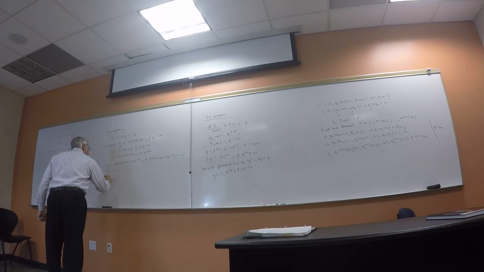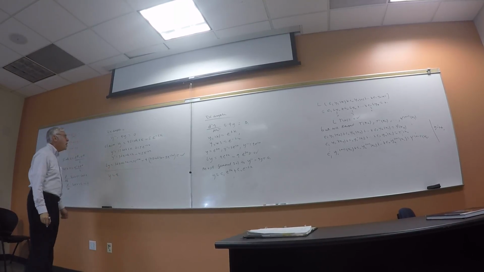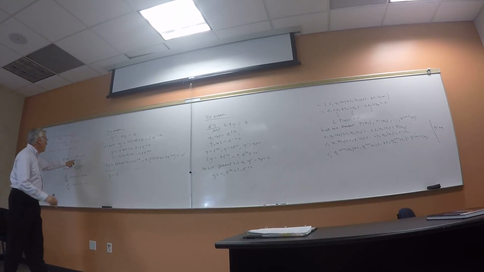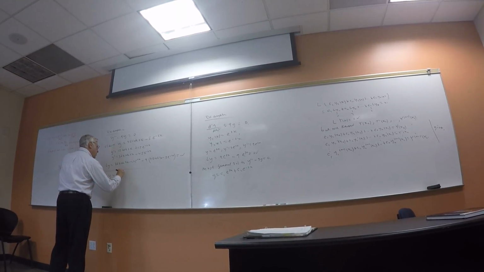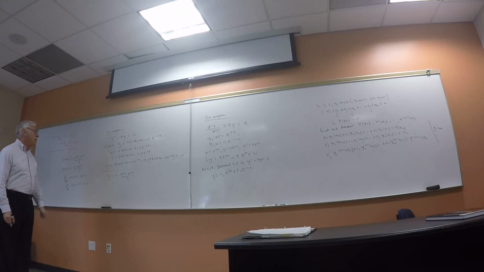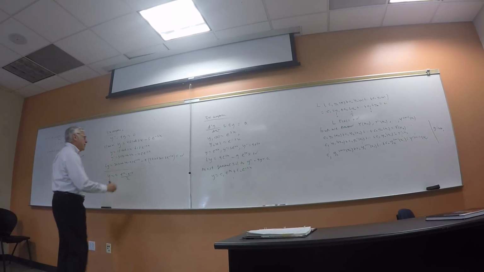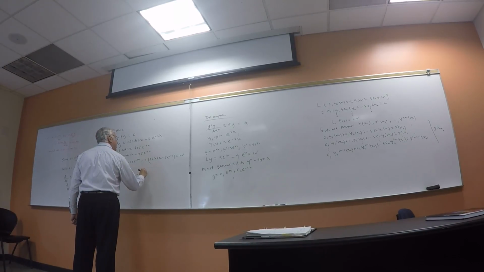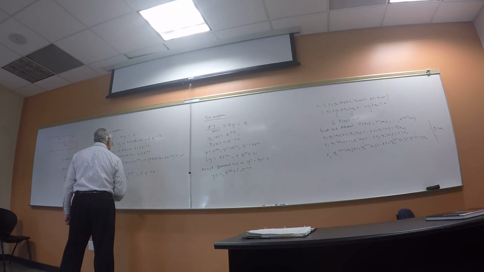So the y over here is 4 times, what's the hyperbolic sine of 3x, just by definition? It's e to 3x minus e to the minus 3x divided by 2, right? That's the hyperbolic sine of 3x. Then I get minus 5 exponential of minus 3x.